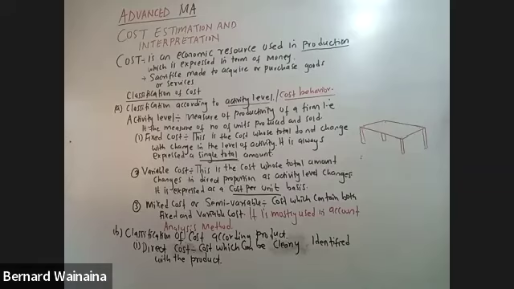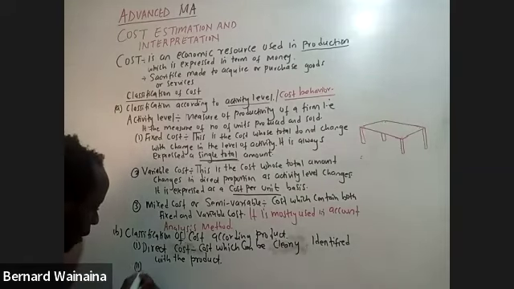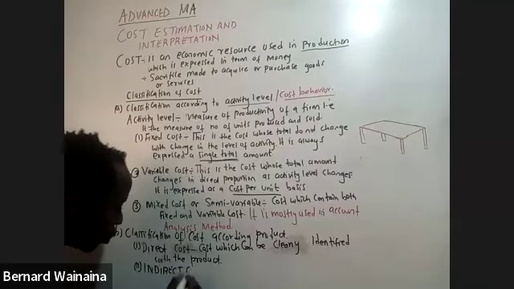Cost which cannot be directly identified with the product. The nails, yes, were used to make it, but you may find that someone bought one kilo and made five tables. So we cannot say what the exact cost of those nails is for one table. So in that case we call it indirect cost.